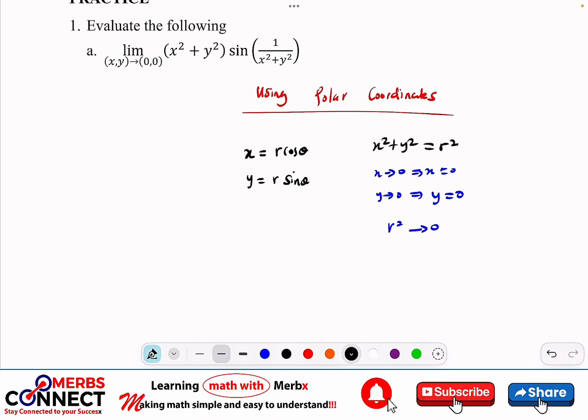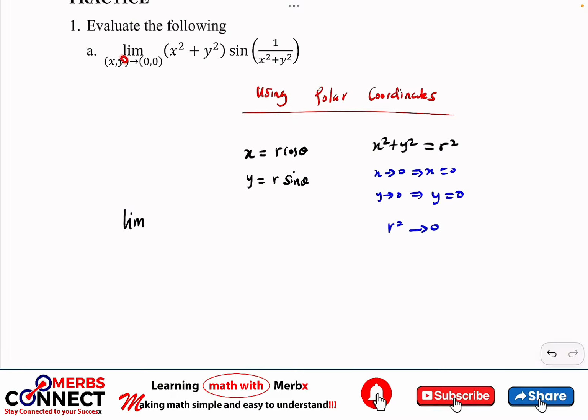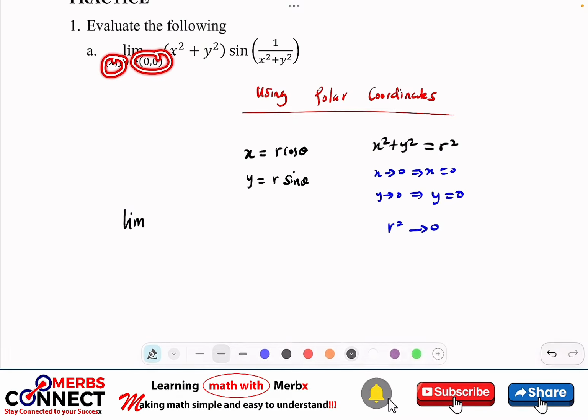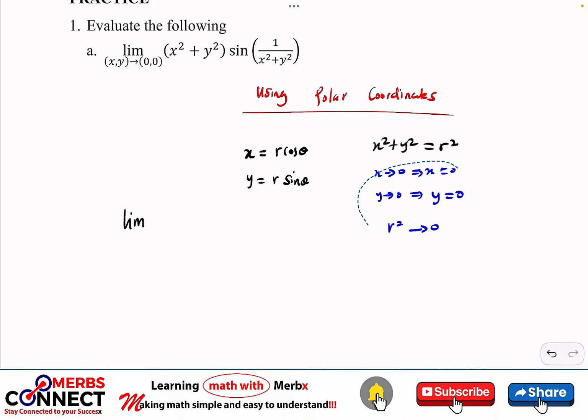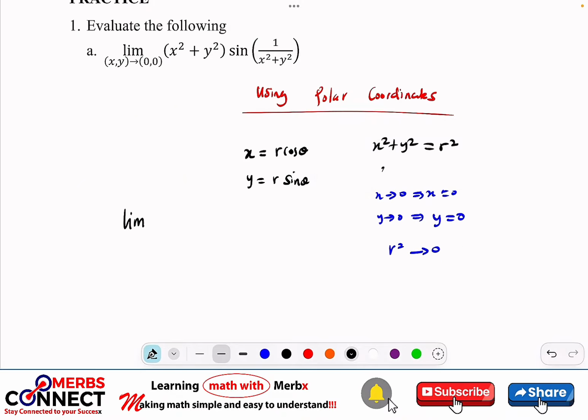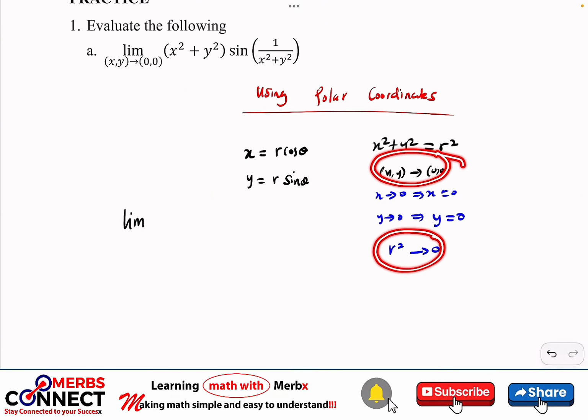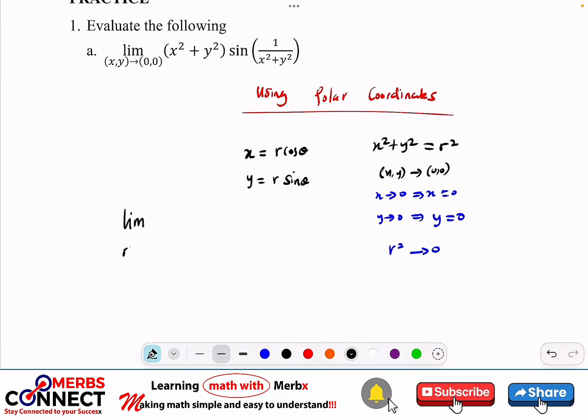Then it means that our limit now is going to look like this. Now you see that x and y are approaching 0, 0. So that's what is giving us this. So now we are going to have r squared also approaching 0.